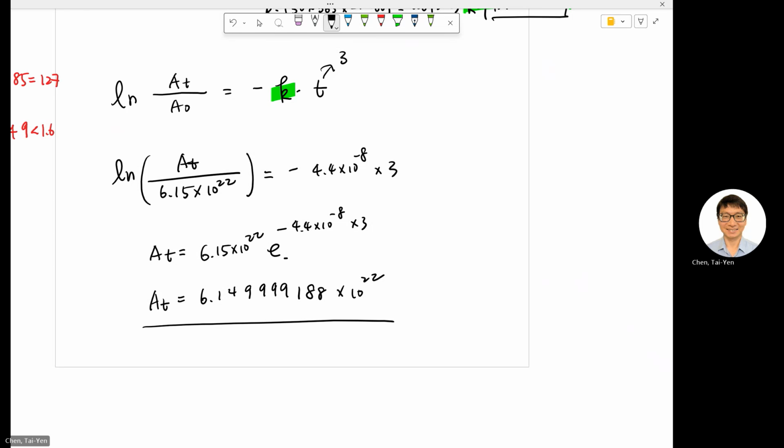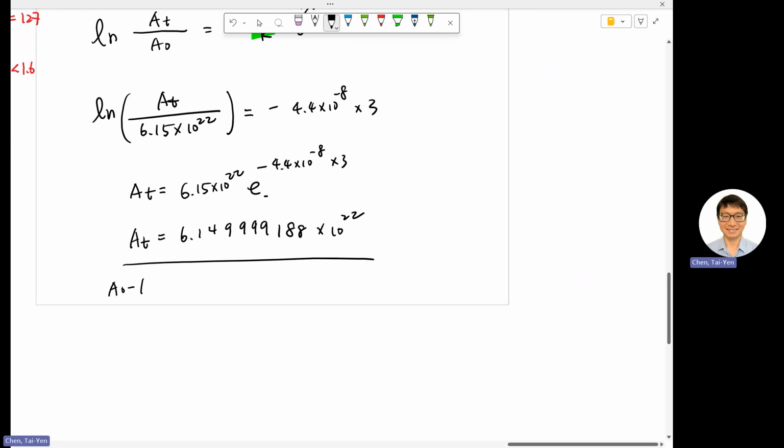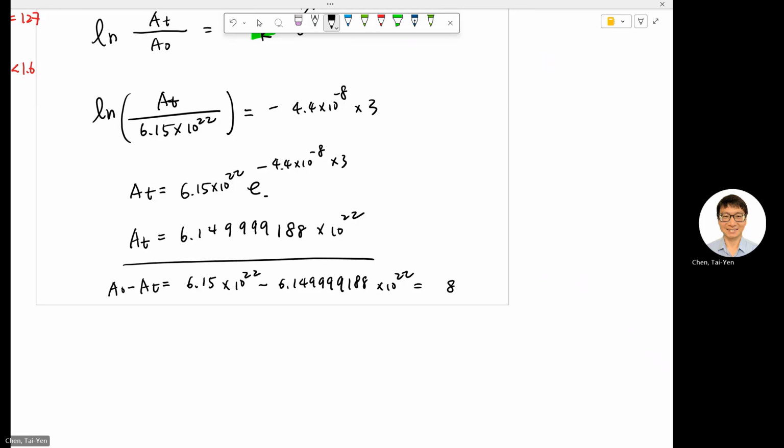Therefore, the decay will be A_0 minus A_t, which equals 6.15 times 10 to the 22nd minus 6.149999188 times 10 to the 22nd. Then you end up with a result of 8.12 times 10 to the 15. That is how many atoms will undergo the beta decay to produce your beta particle.